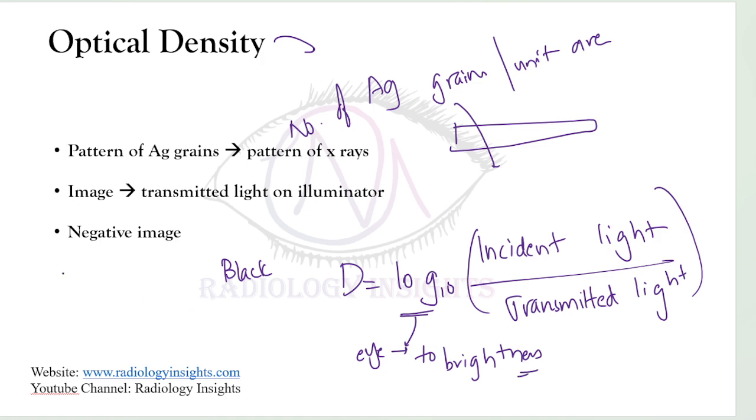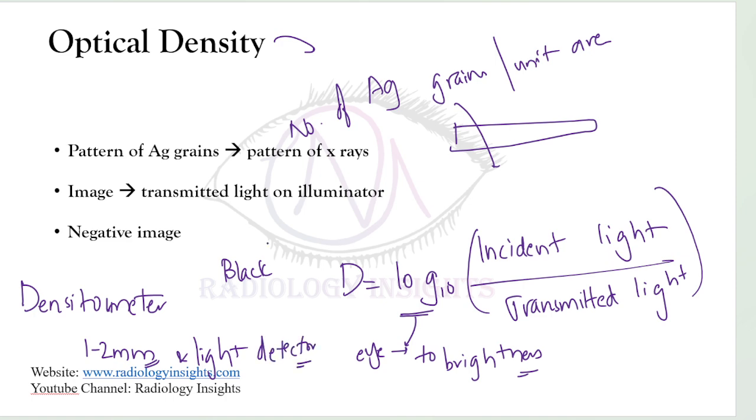Optical density is measured by an instrument called a densitometer, which incorporates a small light source, generally 1 to 2 millimeters in diameter, and a light detector.